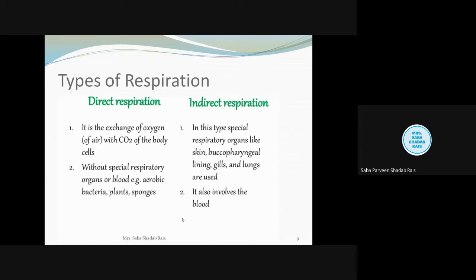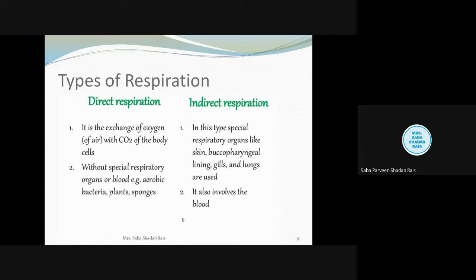So we can discriminate the two types of respiration: direct respiration has the exchange of oxygen, or you can say air, with carbon dioxide of the body cell by simple diffusion. In indirect respiration, a special respiratory organ will be there; direct respiration is not possible.